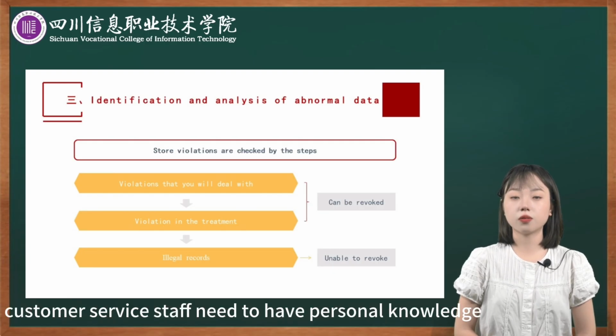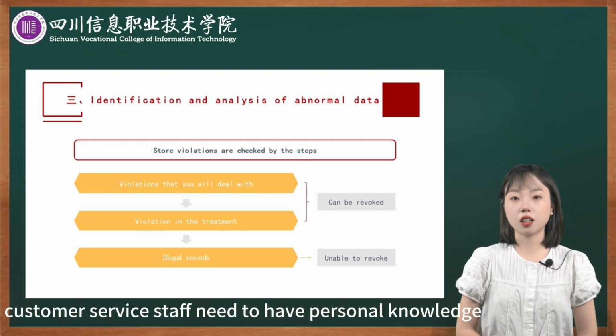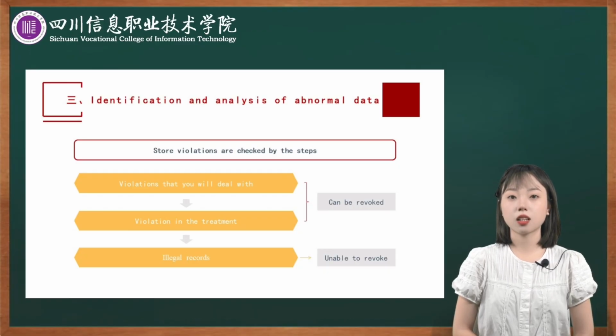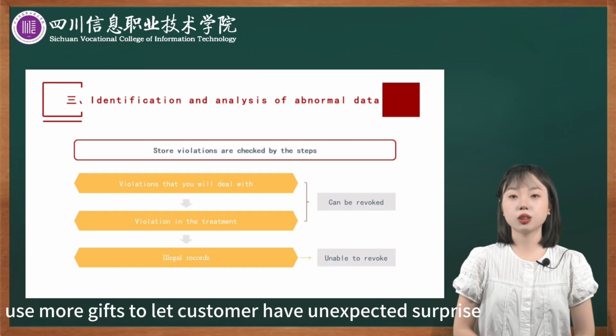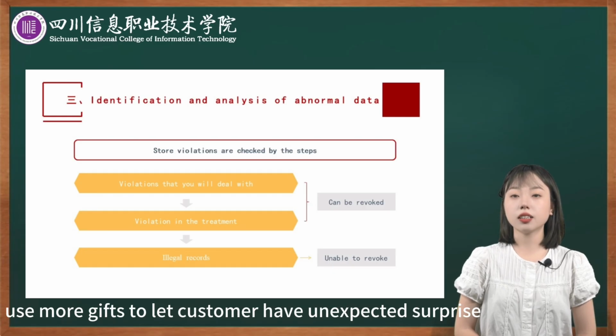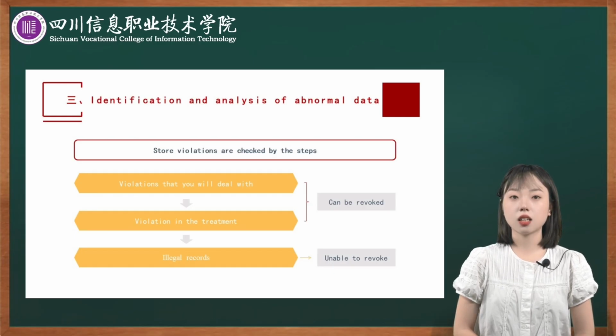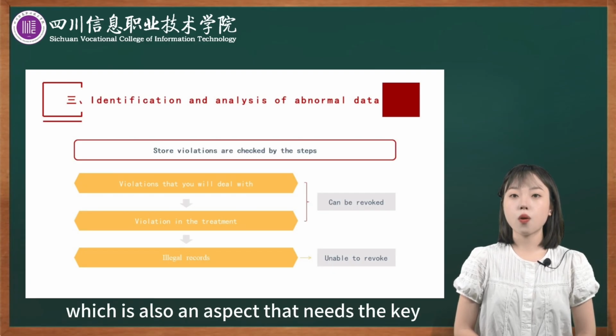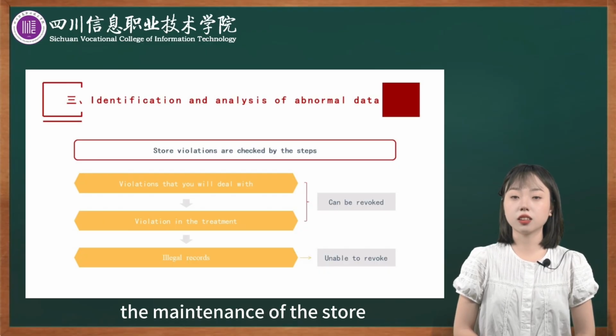Customer service staff need to have product knowledge, timely response speed, and a good response attitude. Use small gifts to let customers have unexpected surprises. The logistics speed is the most uncontrollable, which is also an aspect that is key to the maintenance of the store.